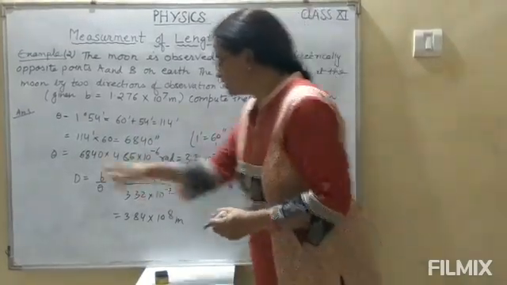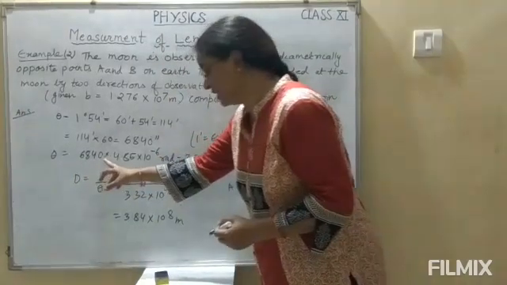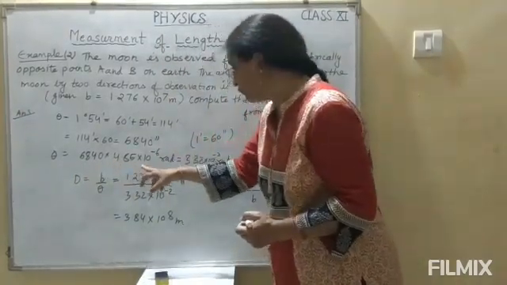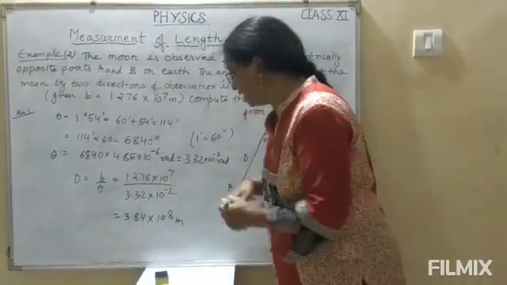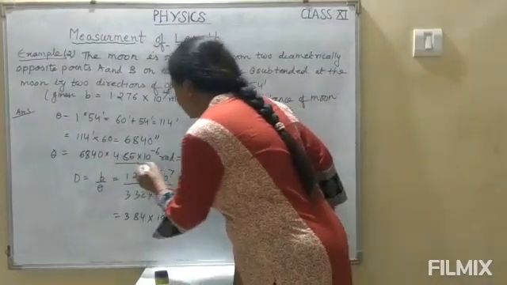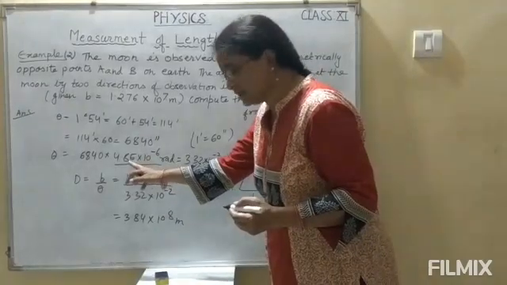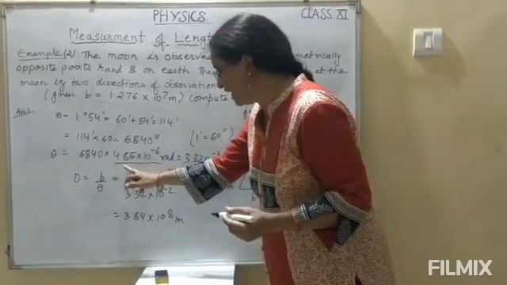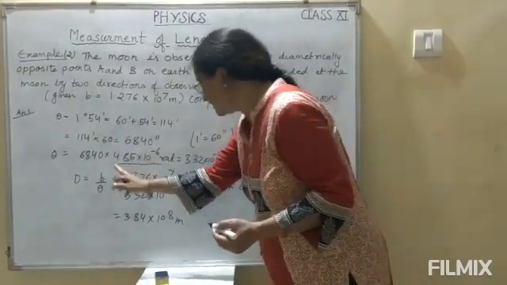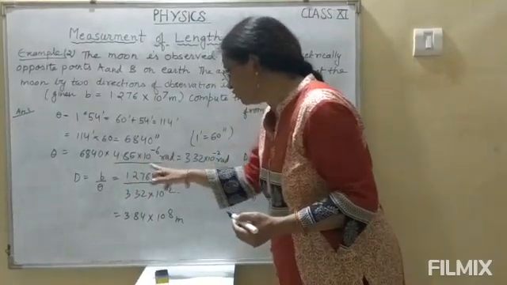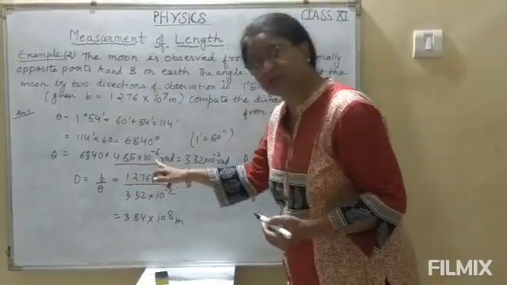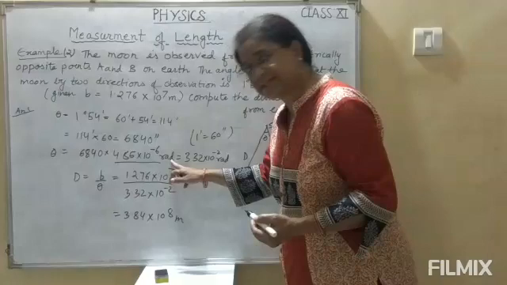So theta will be equal to 6840 into 4.85 into 10 raised to power minus 6 radian. My dear students, in the previous example we calculated 1 second is equal to 4.85 into 10 raised to power minus 6 radian.